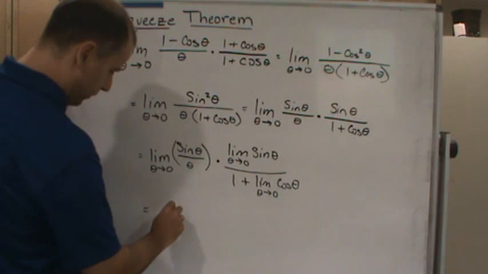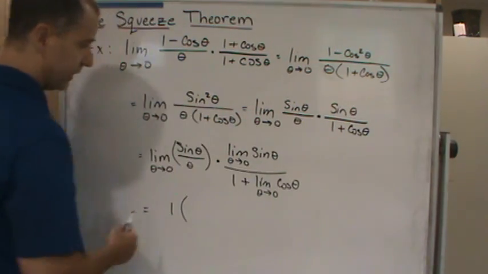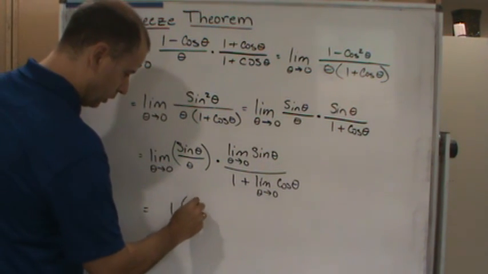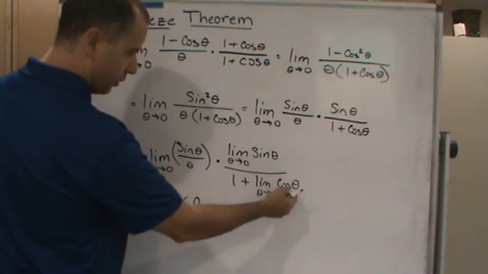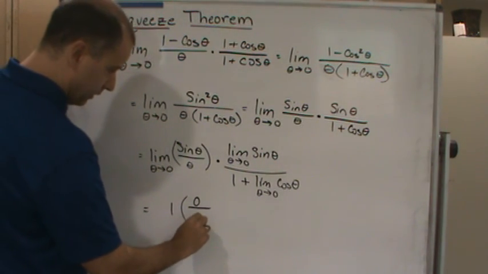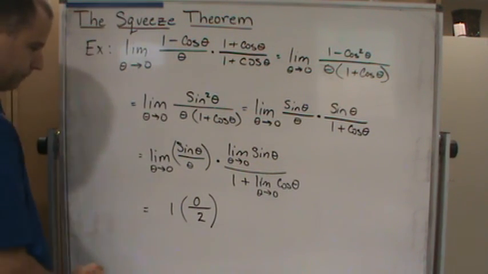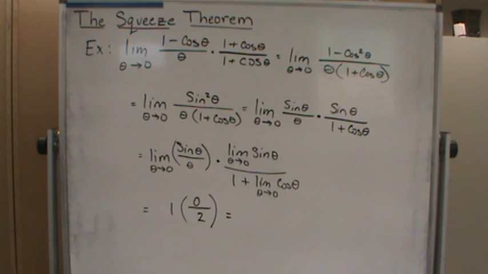So this becomes 1 times the limit of sine theta, which is 0, and the limit of cosine theta as theta approaches 0 is 1, so we get 1 plus 1, which is 2. Which gives us what? Well, this is going to be 0.